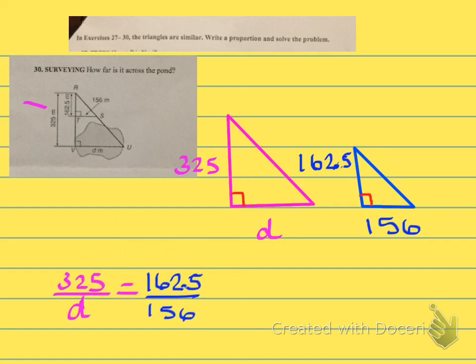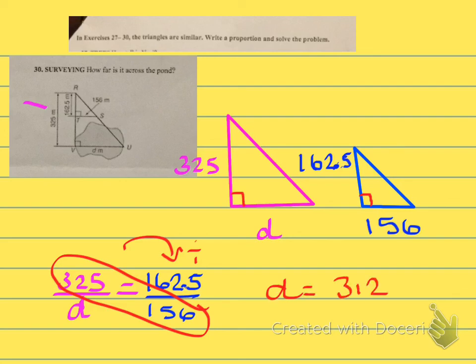So now you can go ahead and do your cross products. Multiply these 2 numbers and divide by your straggler. And you should have gotten that D is going to be equal to 312, and don't forget this is the part where you put the units back on, so 312 meters, okay?